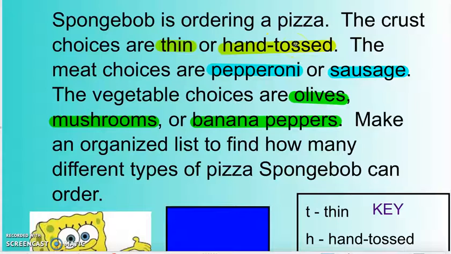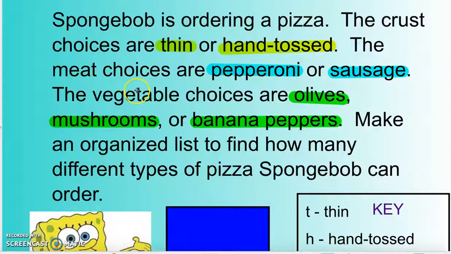And then on top of that, there will be just the regular sauce and cheese that comes with the pizza. Then it says that we need to choose a meat choice, so pepperoni or sausage. I know some of you order both, but in this situation it says or, so that means we can't put both of them on the pizza for SpongeBob. We need to choose one or the other.